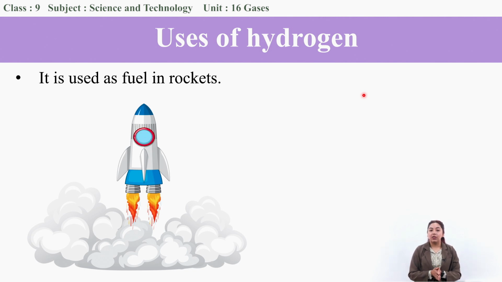Liquid hydrogen is also used as fuel in rockets, and when that hydrogen reacts with oxygen, it produces a tremendous amount of energy, and that energy helps the rocket to propel up from the surface and get launched out into space. So hydrogen is also used as fuel in rockets.